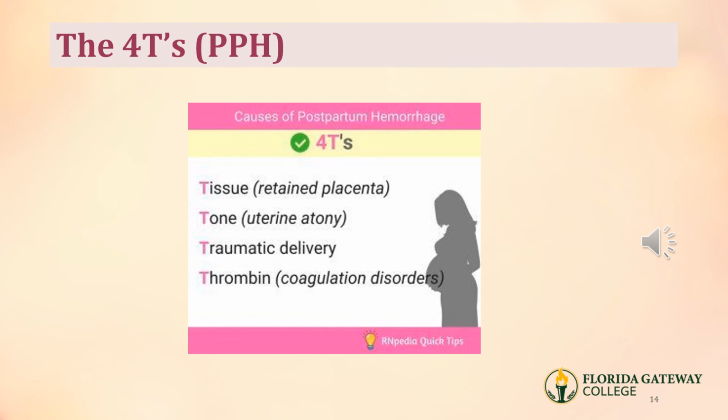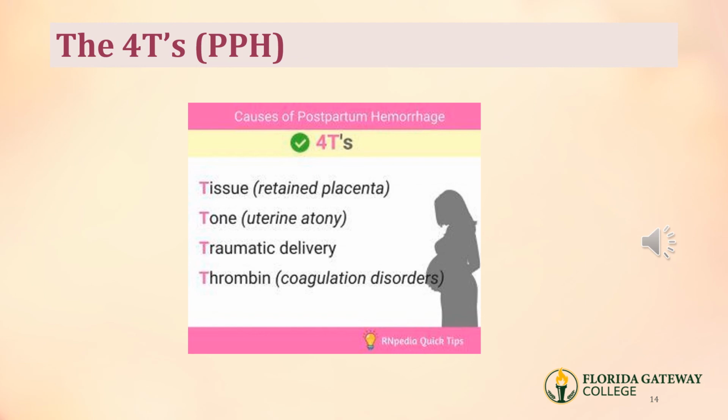Was there a traumatic delivery? So maybe as baby was delivering, we end up with a shoulder dystocia, which we'll talk about later. Or maybe baby wasn't tolerating labor so well, so they put a vacuum on baby's head. Those kinds of things can cause some internal trauma to mom and can cause some increased bleeding. And then lastly, thrombin. This has to do with any coagulation disorders.